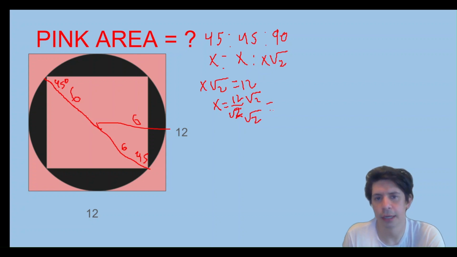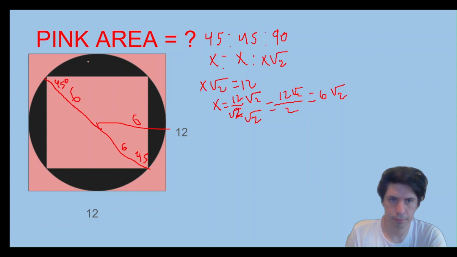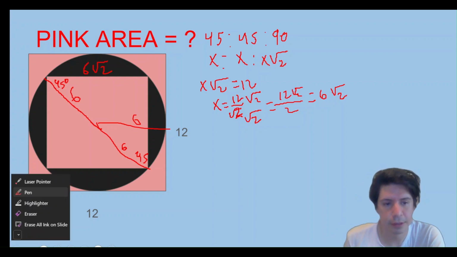Then you get x equals 12 root 2 over 2, which equals 6 root 2. Okay, so now we know that it is 6 root 2. We're going to label that over here.